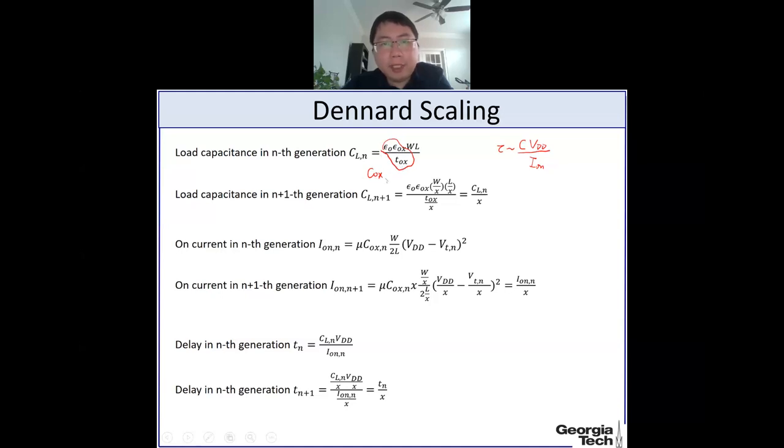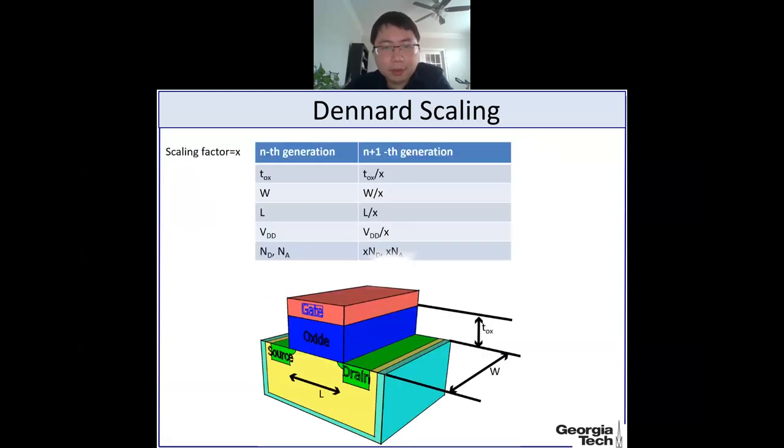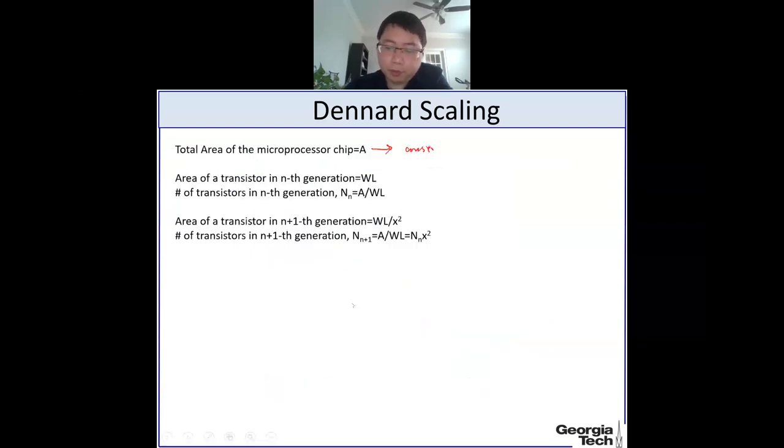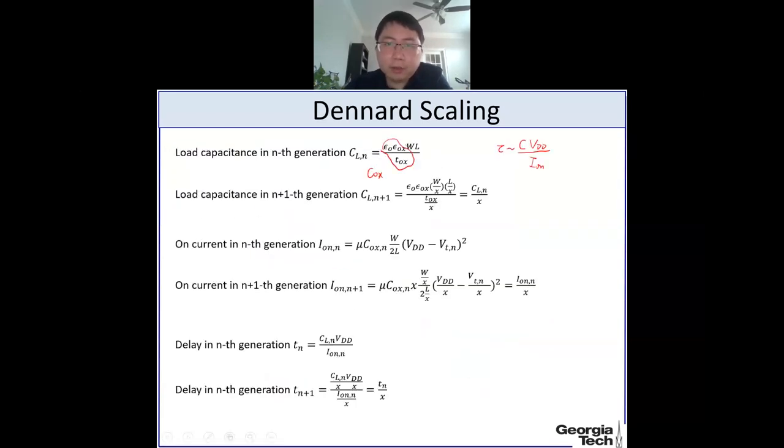But this is per unit area, so you need to multiply by the gate area, which is W times L. This W times this L gives you the total area for the gate. If you multiply by that, then you get the gate capacitance as the node capacitance.